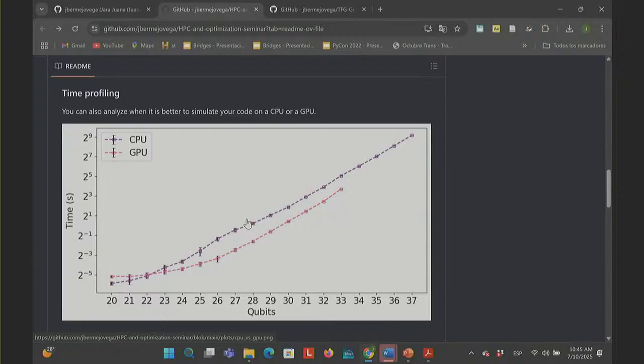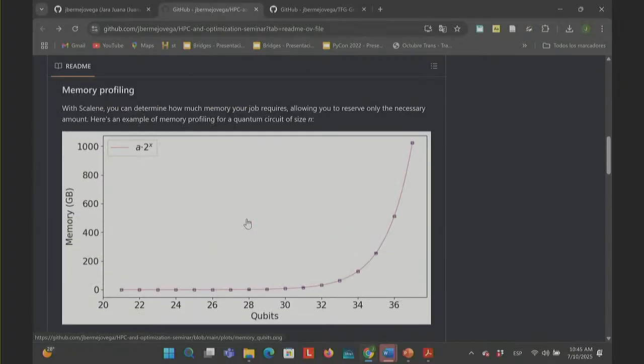It depends. For small system sizes, the CPU, which is this one, is much faster, but the GPU requires loading the data, and that takes a lot of time. So it's not worth loading the data until you pass above system sizes of 22, and then up to 33, the GPU is faster than a CPU, although these are not parallelizable problems. These circuits are deep, entangled, not really parallelizable.